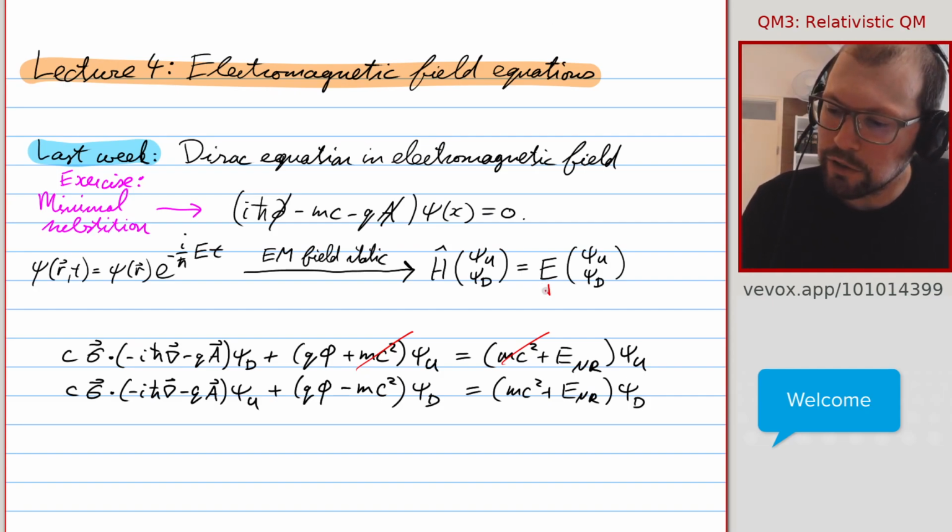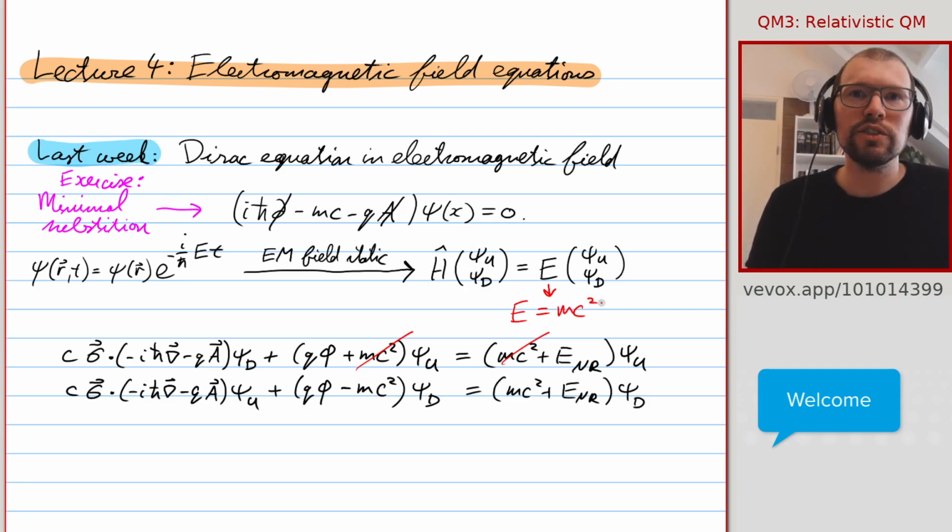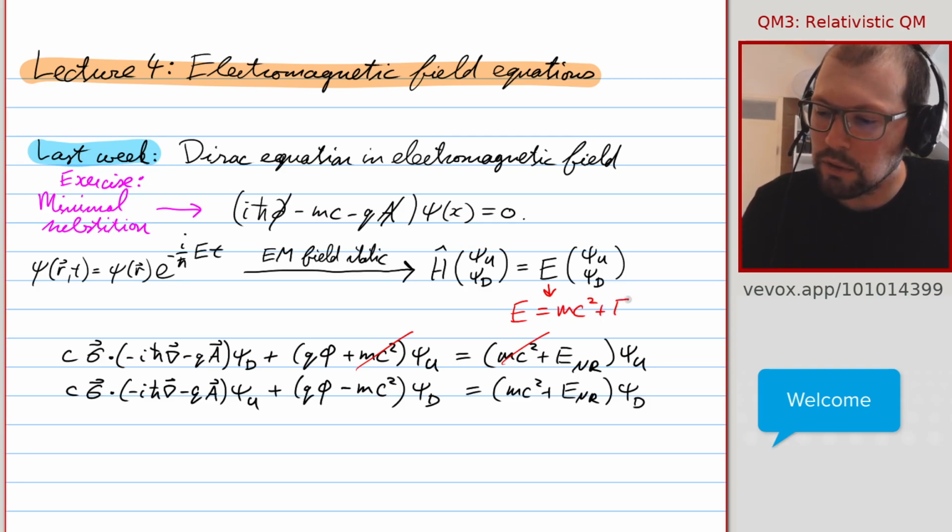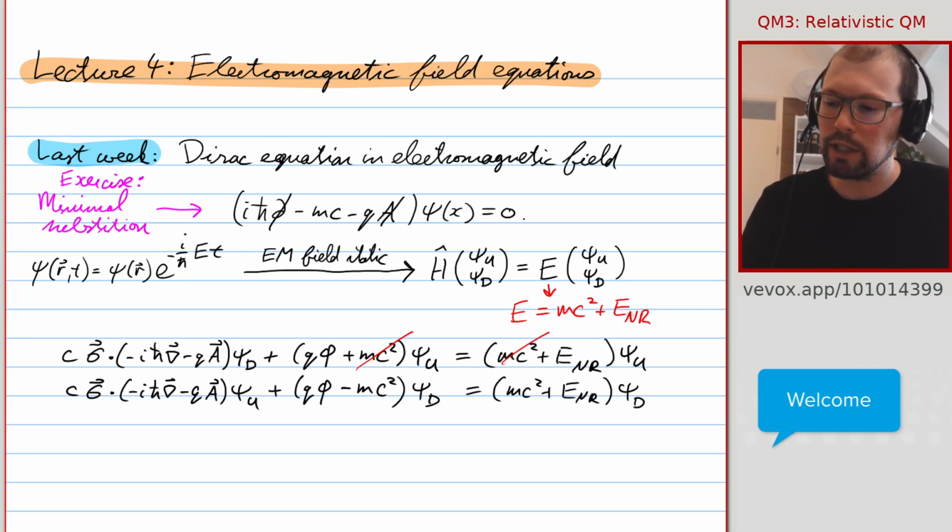And in order to take the non-relativistic limit, we're going to say that the energy is given just by the rest mass energy plus some small non-relativistic kinetic energy that I'll denote by E_R.